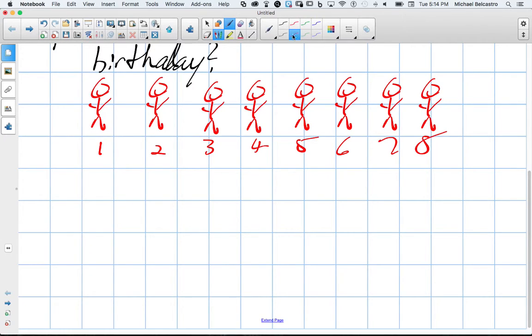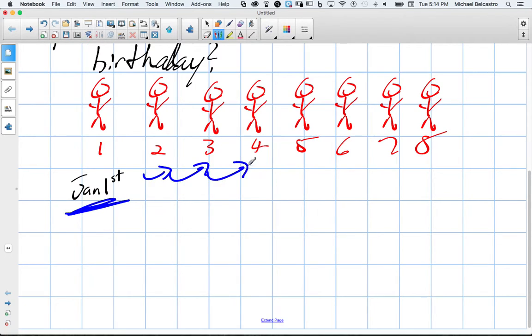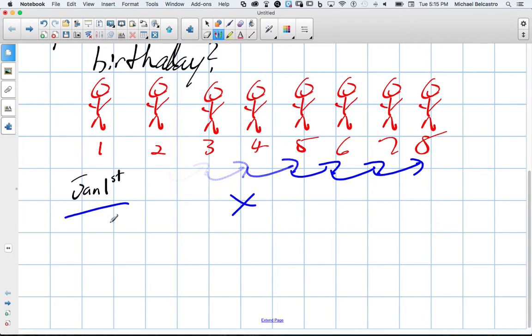Let's say his birthday is January 1st. Okay, so he happens to be the first baby of the new year. Once we have an original birthday, it's all of the birthdays following that become important. And essentially, we want to make sure that none of them are the same as this January 1st birthday.